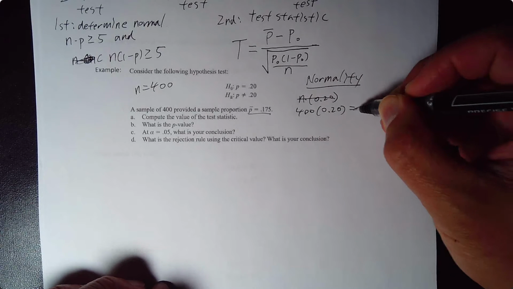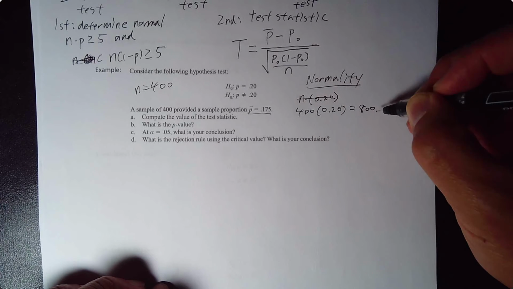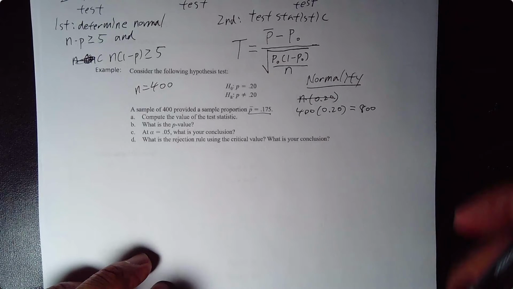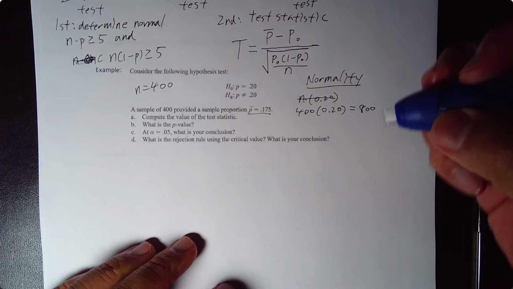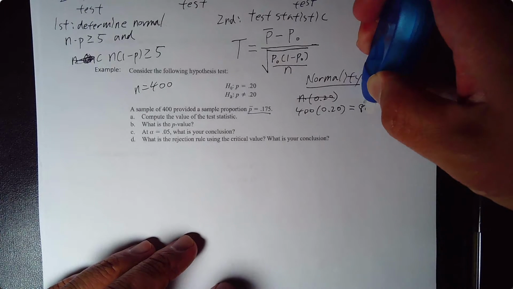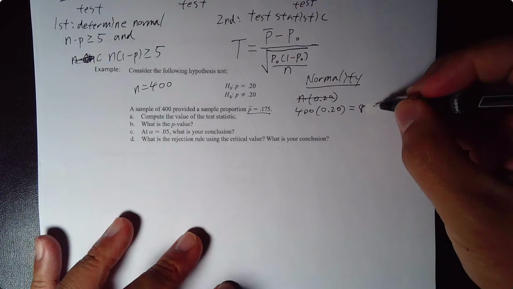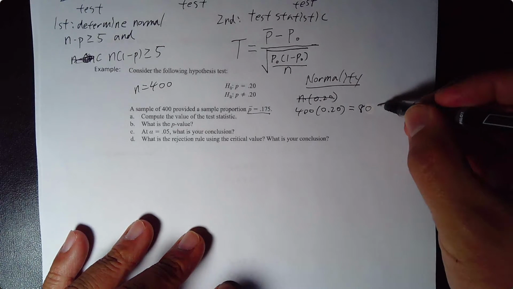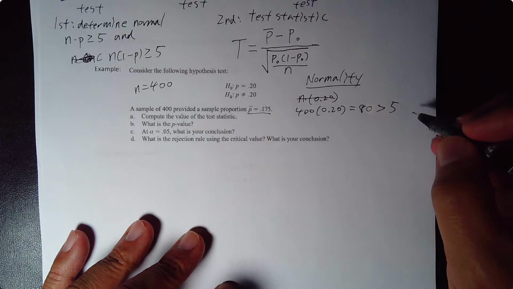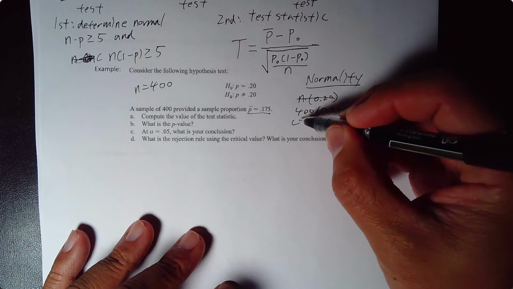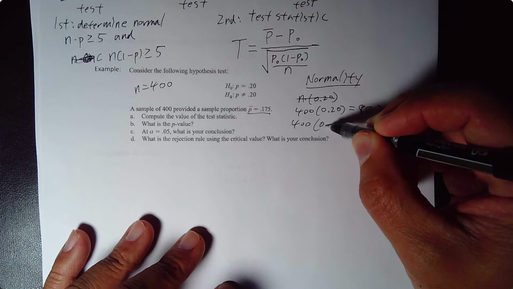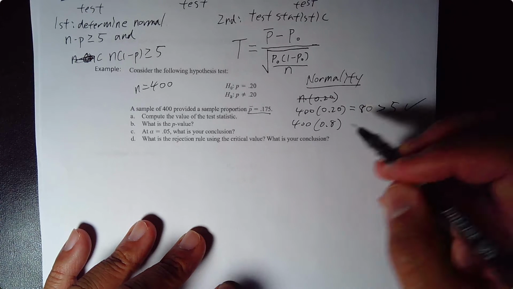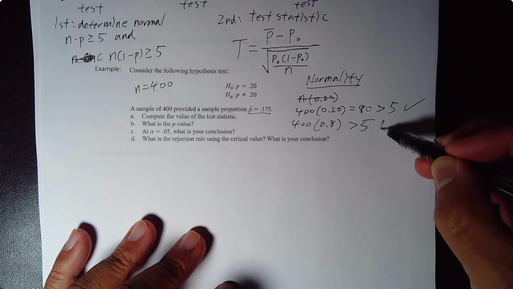That is 80, not 800. I can't do my mental math here. That is greater than 5, so that checks out. I need to check also 1 minus p. So 1 minus p is 0.8, and n times that is definitely greater than 5. So check that. Now we can proceed.